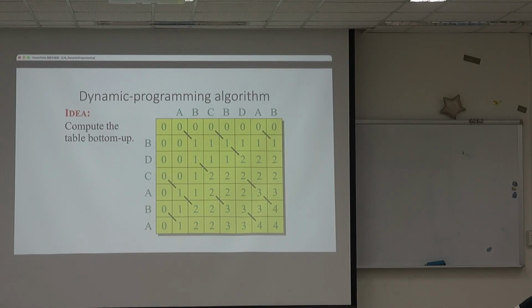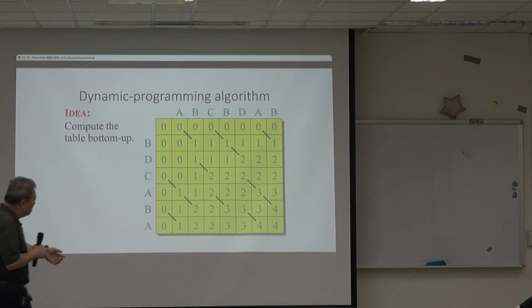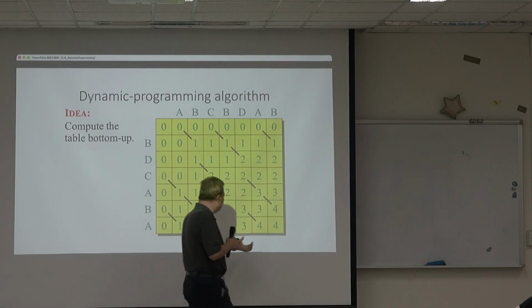So if you do this by, for example, row major or column major, basically you just write nested loops. OK，就是那个回圈嘛，nested loops。OK，两层的回圈，you are able to fill out the table easily. Okay, and then you can get this final answer, which is B.